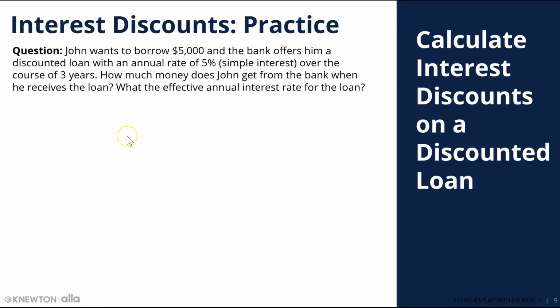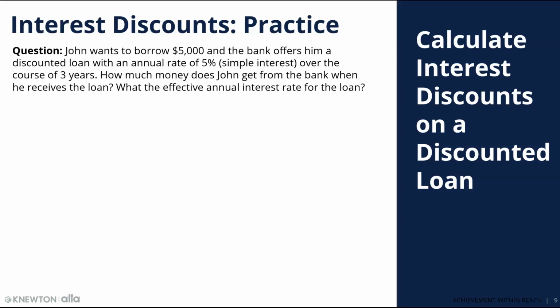Let's consider this next example. John wants to borrow $5,000, and the bank offers him a discounted loan with an annual rate of 5% simple interest over the course of 3 years. How much money does John get from the bank when he receives the loan?